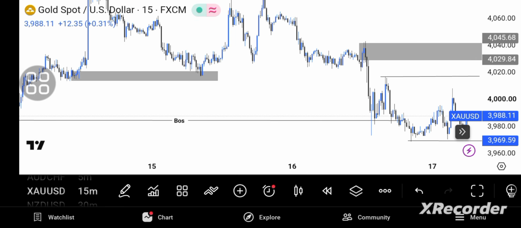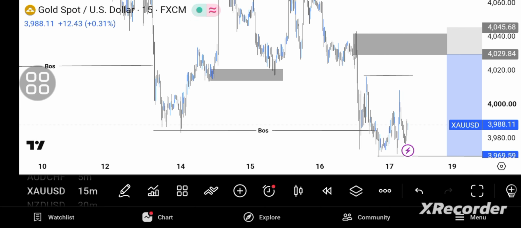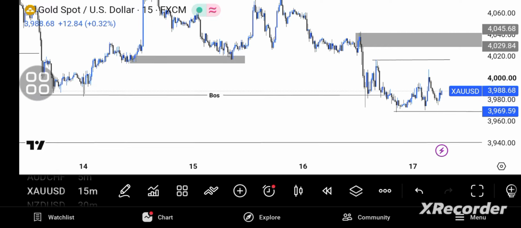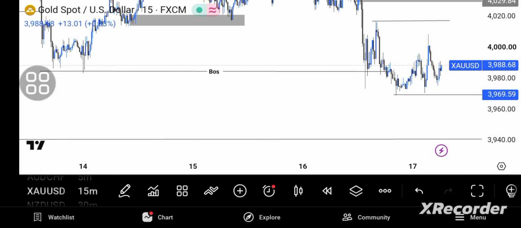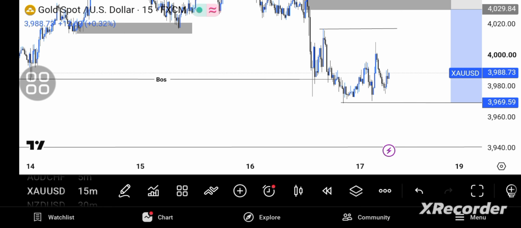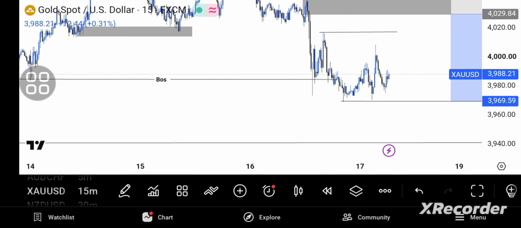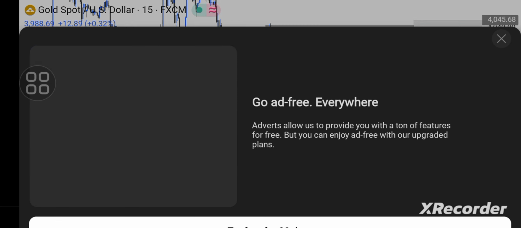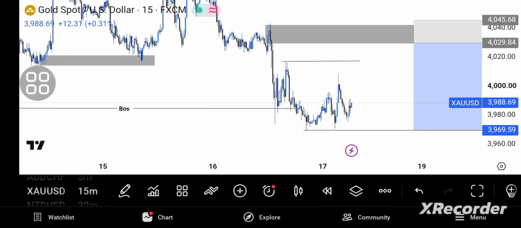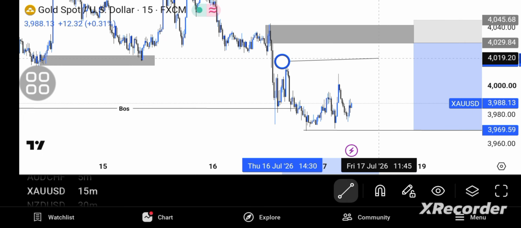So now what happened next? This is what I look out for. When gold broke this structure to the downside, what did it do first? First of all, it gave me the inducement that I'm looking for, which is the next one. This is the inducement I'm looking for, and pretty much gold gave it to me.